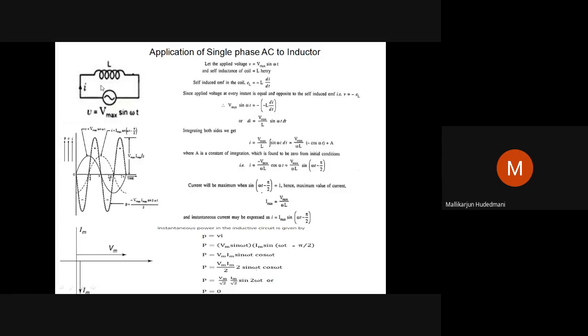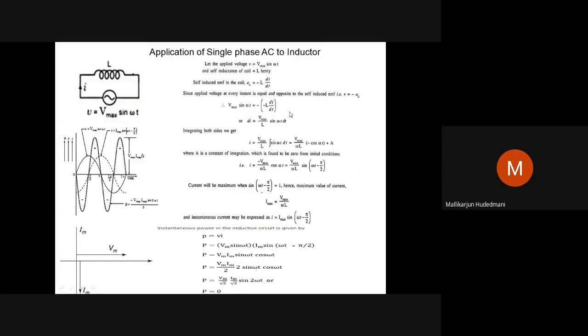Then what can I do? The induced voltage is always opposing this, which means I can equate here. You can see here Vm sin omega t is equal to minus, always opposing, the induced EMF, minus L di by dt. So I mean to say, make the voltage induced opposite to the applied voltage. That's all. I can write Vm sin omega t is equal to L di by dt.